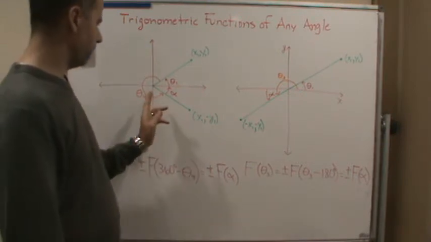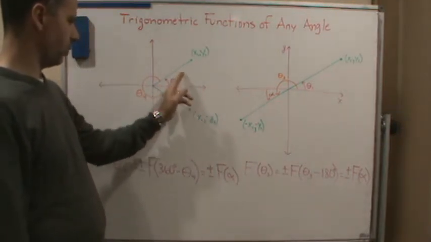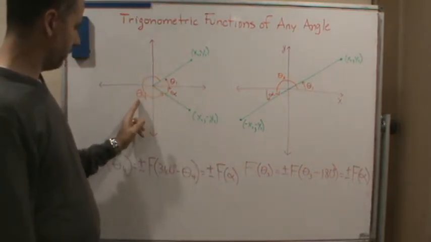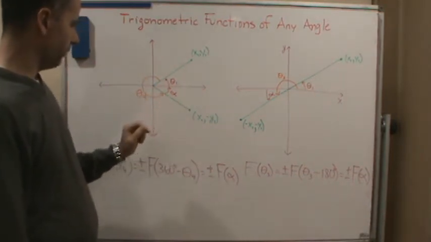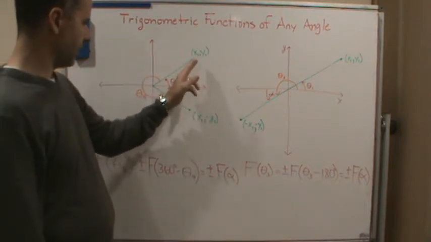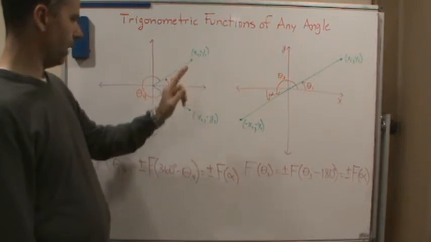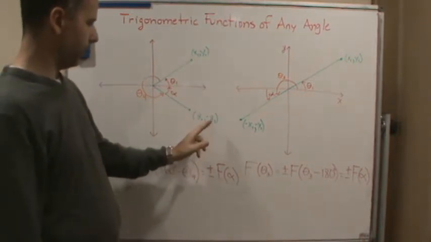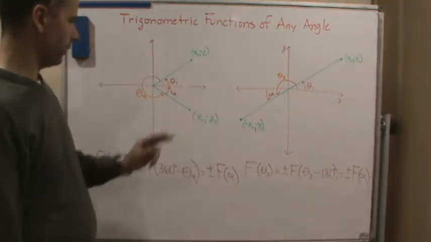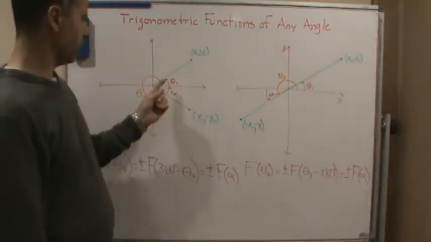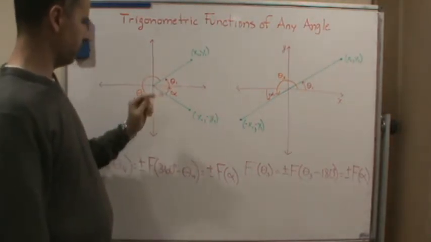And then also, comparing the first and the fourth quadrant, again here you have theta 1, theta 4, and alpha. And so here we have the same points, x1 comma y1 and x1 comma negative y1. So it's a reflection across the x-axis, and so these two angles are the same.